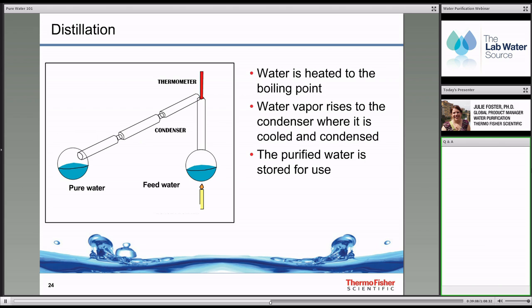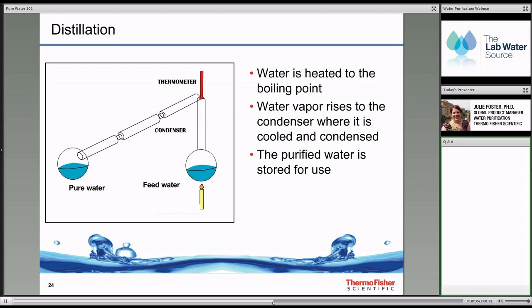And distillation, I talked about that kind of earlier. It's a technology that tends to live by itself. And this is a very crude drawing, but during the process of distillation, pure water is actually removed from the impurities, unlike the other purification methods. So in distillation, water is heated to its boiling point and undergoes the first of 2 phase changes from a liquid to a vapor.